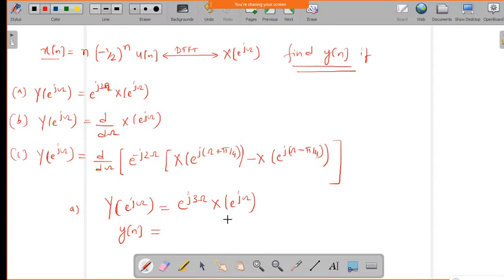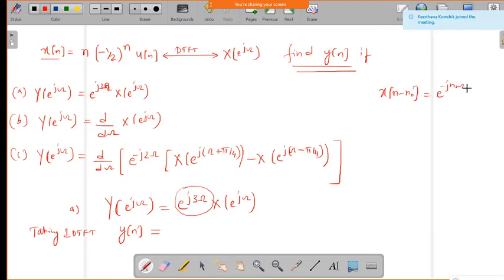Taking the inverse DTFT, you will get the y of n signal, and correspondingly here you will get the x of n signal. But the factor multiplied here, if we take the inverse DTFT of the signal, we know that x of n minus n naught is equal to e power minus j n naught omega into X of e power j omega, right?